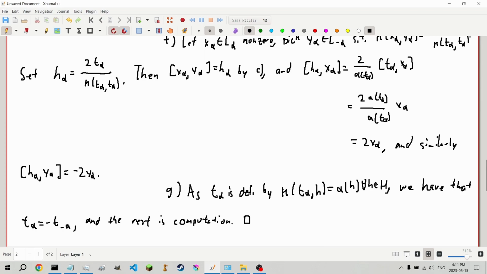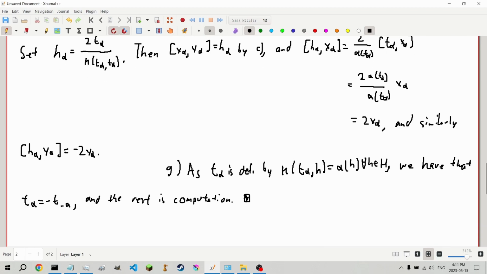And that's the end of this proposition. And that's actually going to be this whole chapter, just kind of working through these properties.